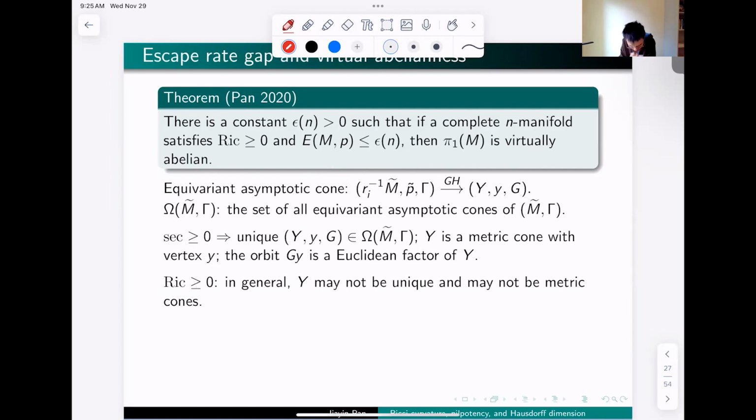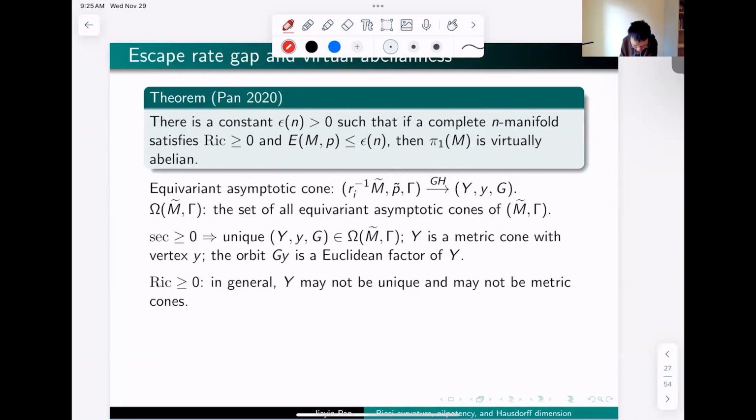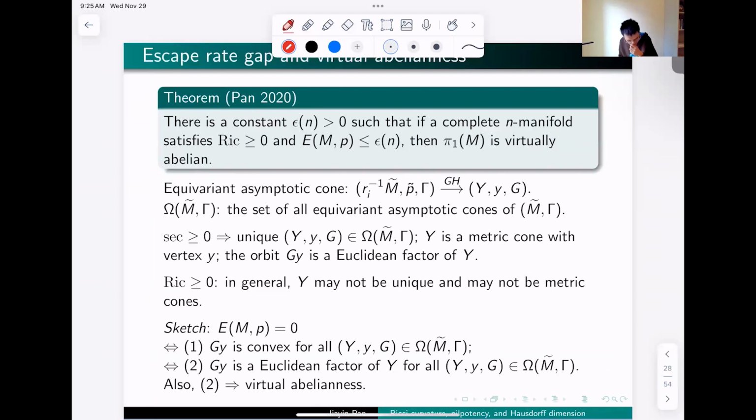If you have non-negative Ricci curvature, then in general, as I mentioned, this capital Y may not be unique, and it may not be a metric cone at all. Now, the sketch for the zero escape rate case: starting from zero escape rate, we show that the limit orbit is always convex. Now you should compare this with the Nabonnand example, where Gy is not convex.